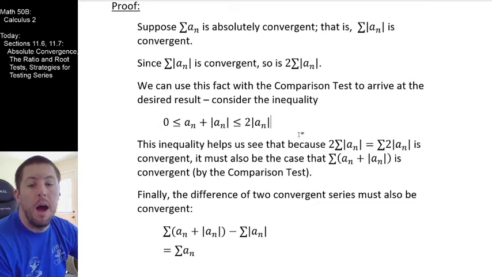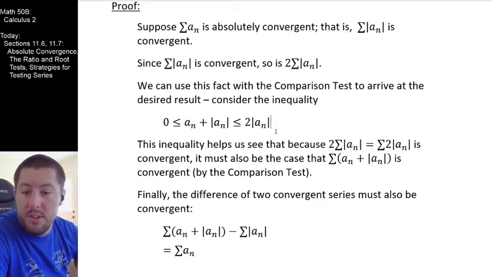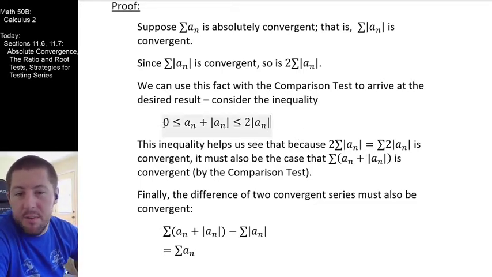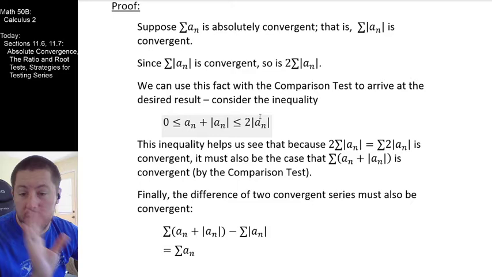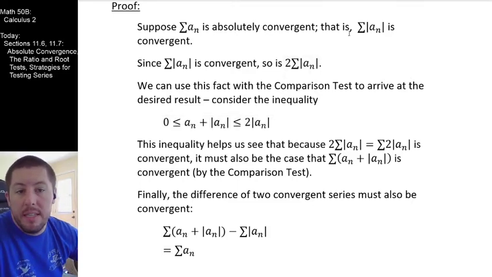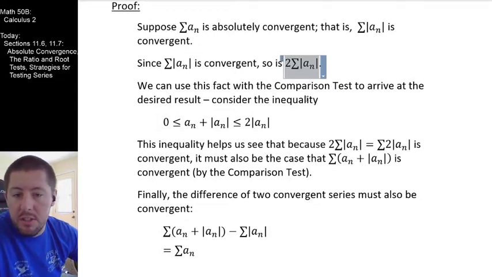All right. So the important thing we're seeing here is that we've justified this inequality. Now, remember that up above we said we're assuming this to be an absolutely convergent series, and therefore 2 times an absolutely convergent series should also be convergent.